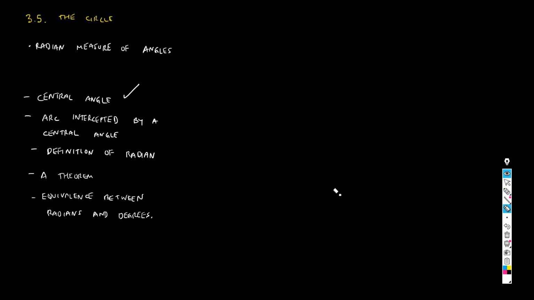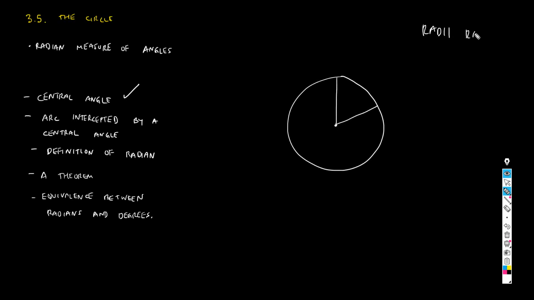Next concept: the arc intercepted by a central angle. Once again, if I have a circle and I draw a central angle, you should notice that the radii, remember, radii is the plural of radius. This is a radius, these are radii.